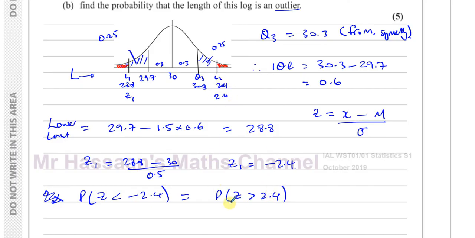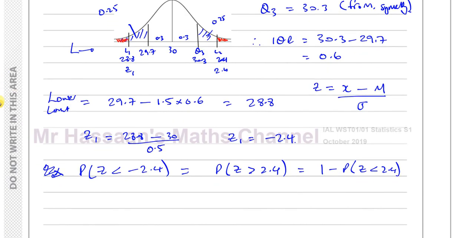I need to use a table where I have the probabilities of what is to the left of the value. So this area here is the same as 1 minus the probability that Z is less than 2.4. If I go to 2.4 in the table, I'll have all of this area here. What I need is the area to the right of it, so I'll do 1 minus that, and that will give me my probability, and then we'll get our answer.